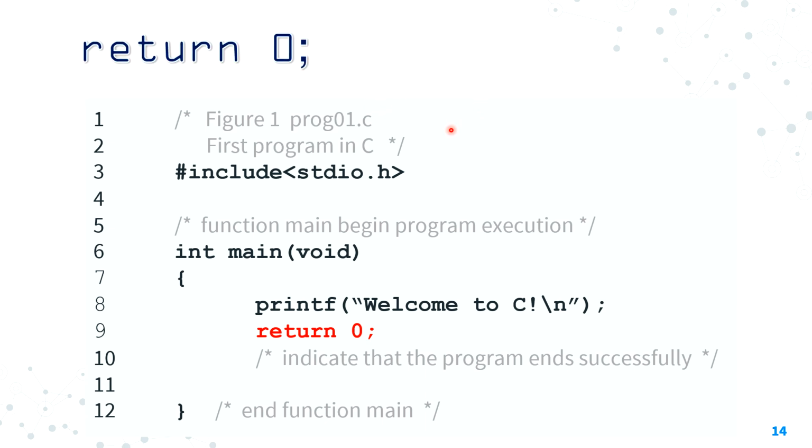And now return 0. In C, return 0 is used to exit a function. It ends the execution of the main function and sends a value back to the operating system. Return 0 indicates successful program execution. A return value of 0 tells the operating system that the program ran without errors.